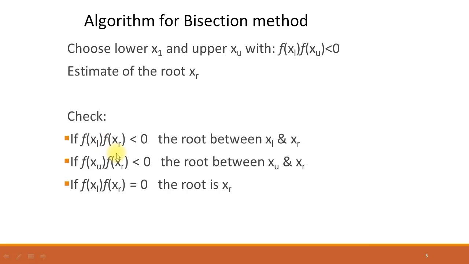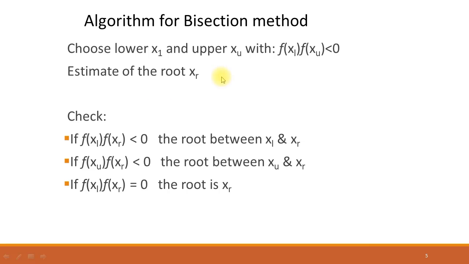And if the function has opposite signs at xu and xr, then the root lies between xu and xr, then (xu + xr)/2 gives the next root.